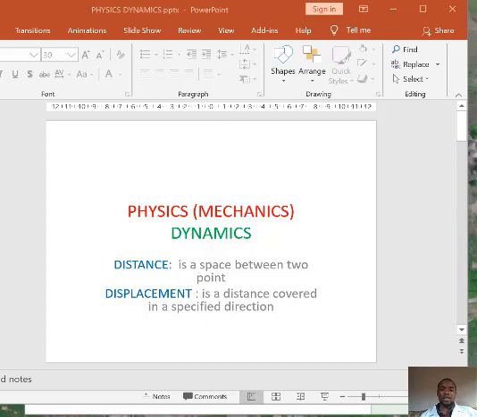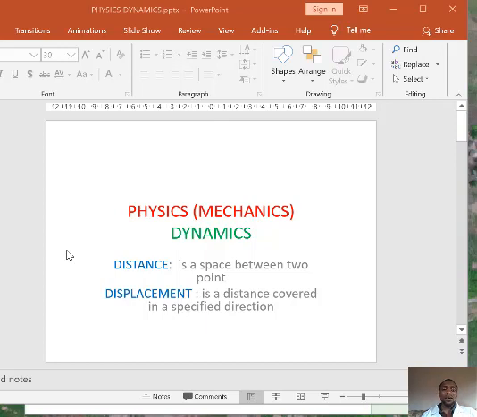Then displacement is the other one, which is also very close to distance. But in this case, displacement is a distance covered in a specified direction, meaning that this one has a specific direction. The direction of the distance covered is known.